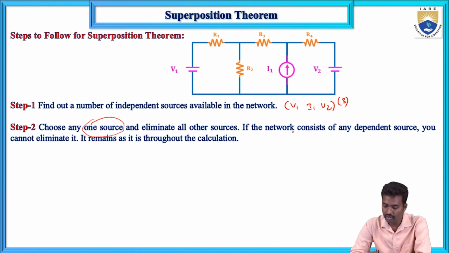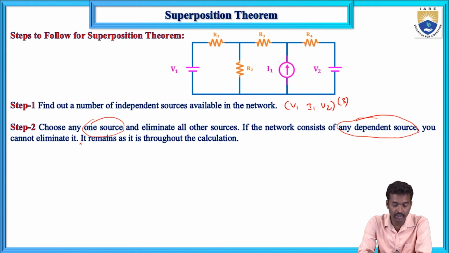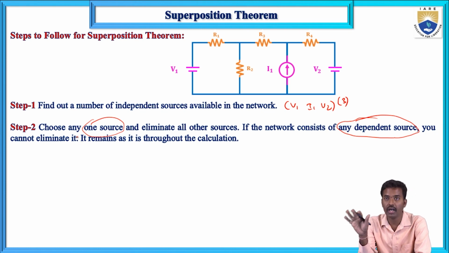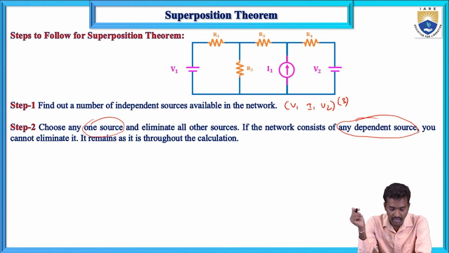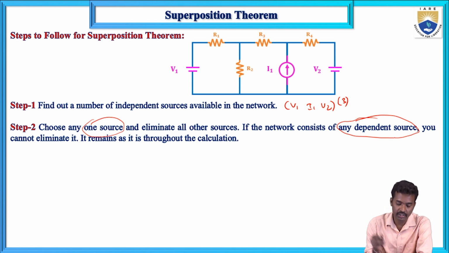If the network consists of any dependent source, it is kept as it is. You cannot eliminate it, and don't consider it an active source. Remaining independent sources are deactivated. The dependent source remains as it is throughout the calculation.